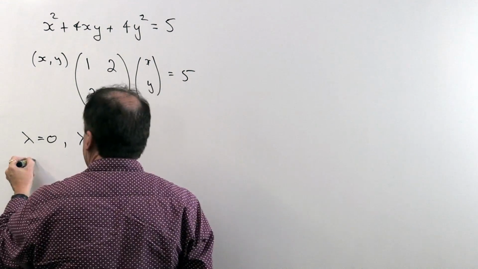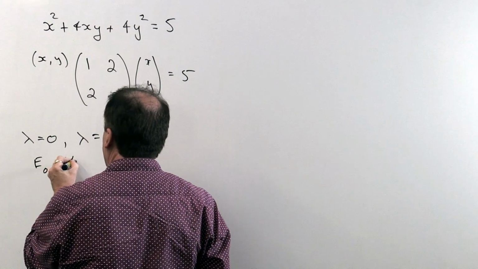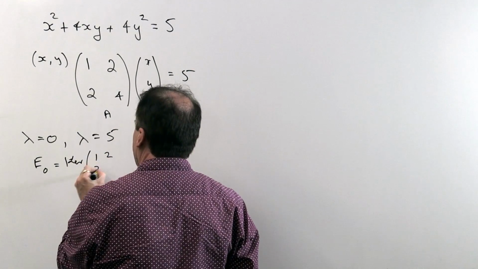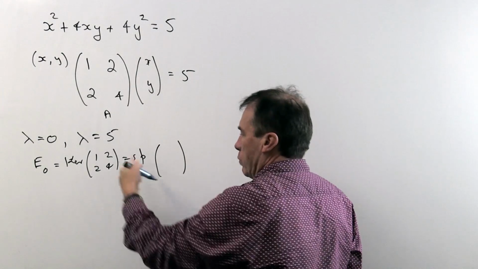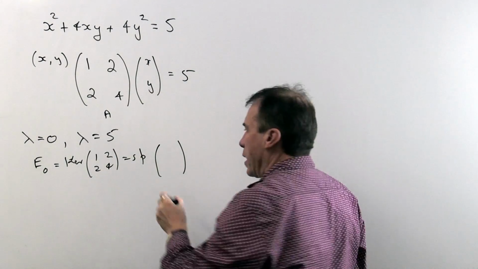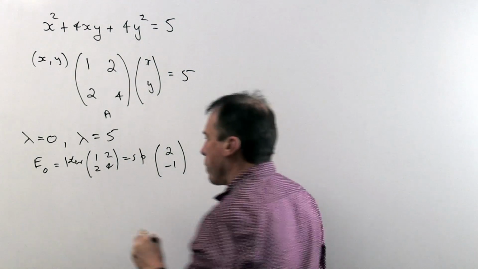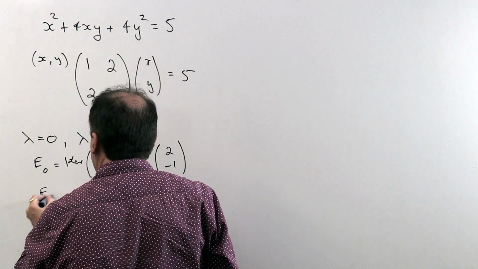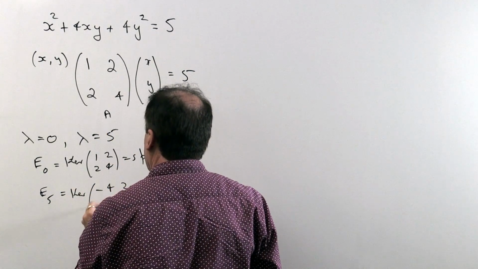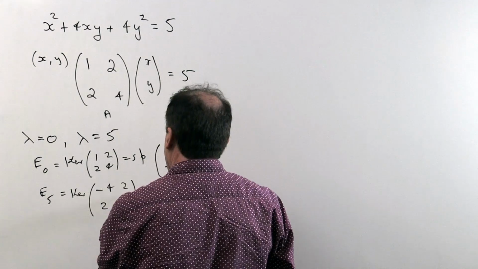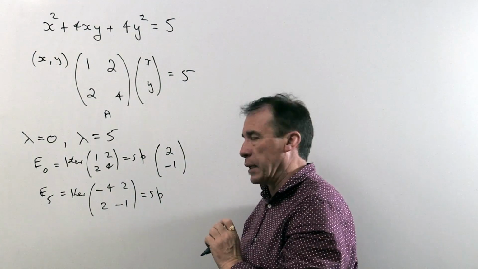Now the eigenspace for 0 is just the kernel of this matrix, and you've had plenty of practice at doing these now, so I'll take 2 of those and minus 1 of those, and that should work. And the eigenspace for 5 will be the kernel, I subtract 5 off the main diagonal. Always checking that the columns and rows of this matrix must be linearly dependent.